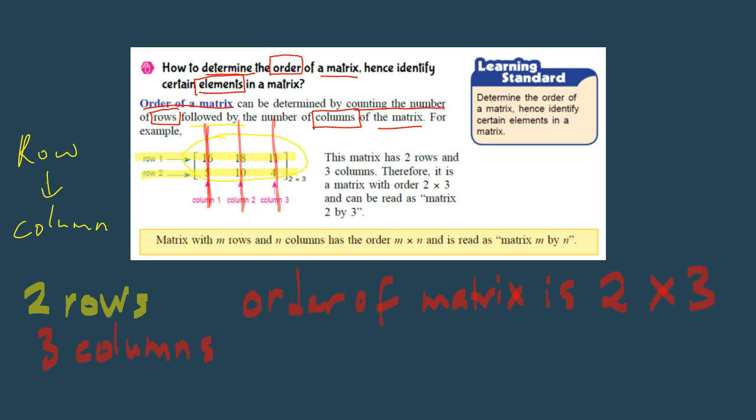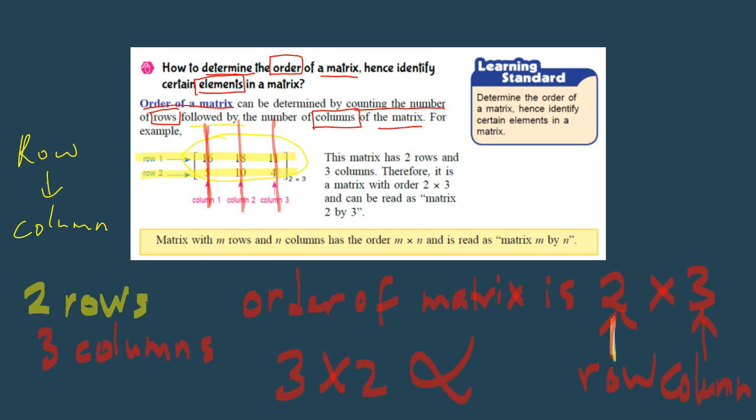And most importantly, this is the row followed by the column. And if you write 3 by 2, it is wrong.